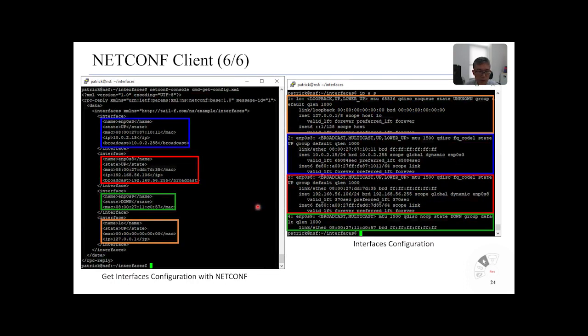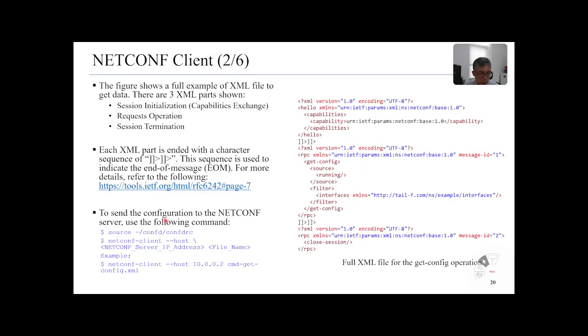So you execute this NETCONF console command, and then the interface information can be retrieved locally, or in the remote case you can use the NETCONF client with this host and the command get-config XML.